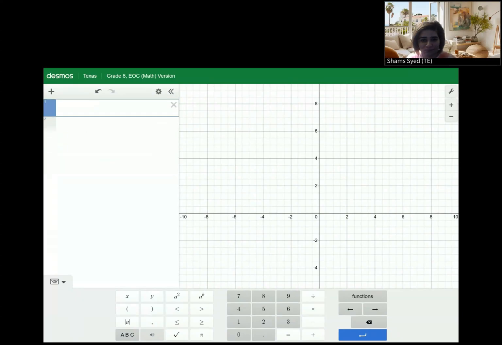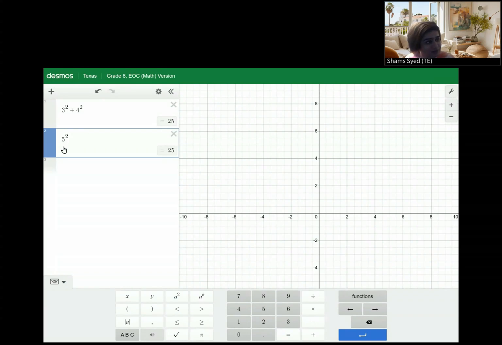Move on to B. B says the sides are 3, 4, 5. I did the square of the shortest side 3, added to the square of the second shortest side 4. Is that equal to 5 squared? Notice that the sum of the squares of the shorter sides is 25.